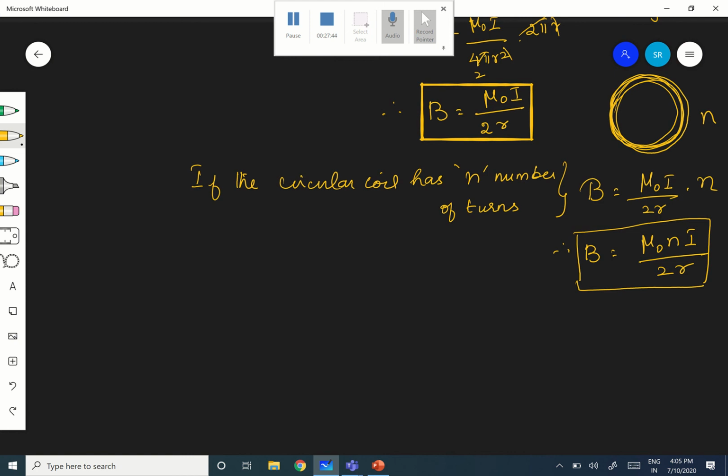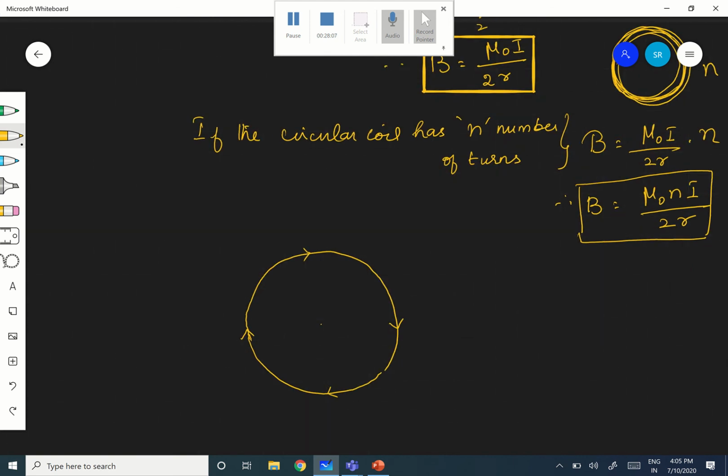See, this is the current carrying coil. The current is in the clockwise direction. Therefore, at the center, the direction of the magnetic field is perpendicular to the plane of the coil and inwards, na?